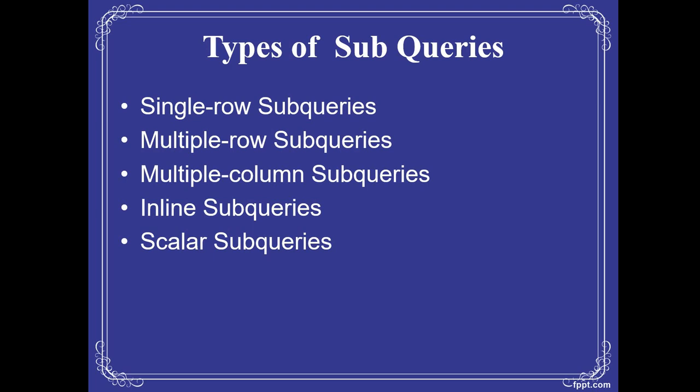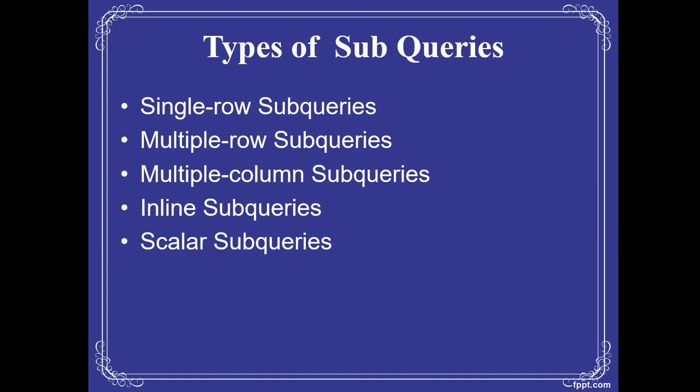Next we are going to see the types of subqueries. We have many types of subqueries, but here we are going to see the 5 most important types: single row subqueries, multiple row subqueries, multiple column subqueries, inline subqueries, and finally scalar subqueries.